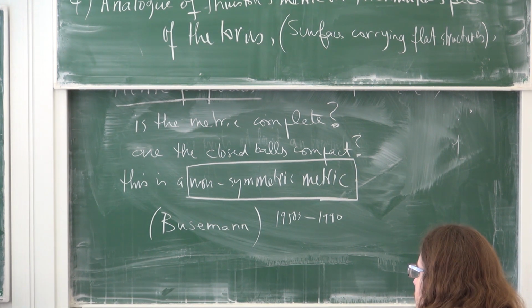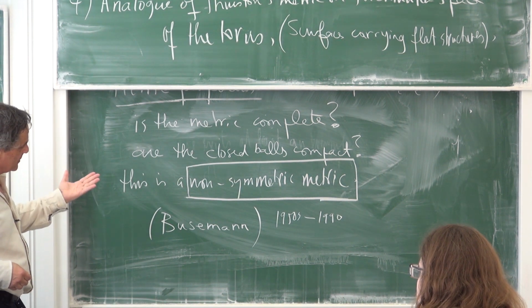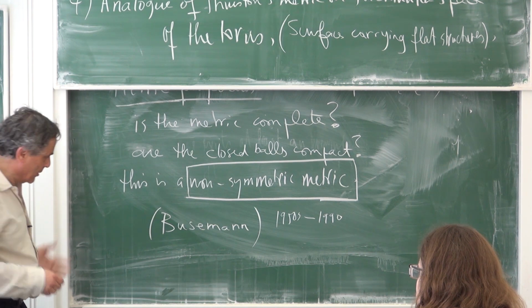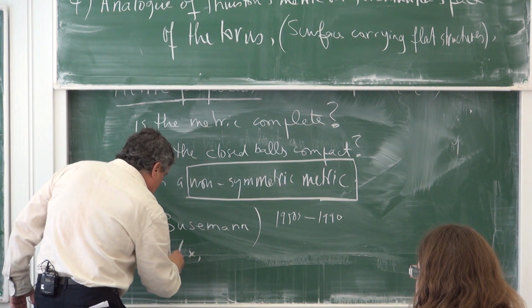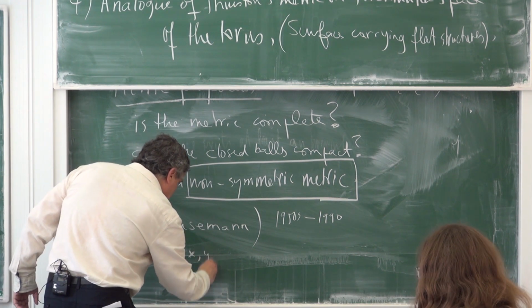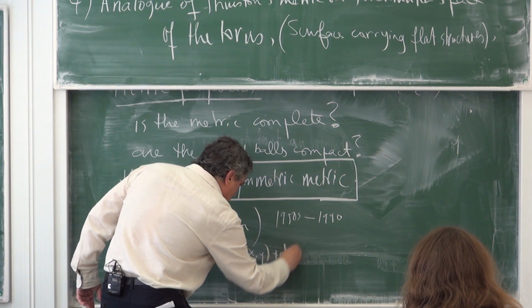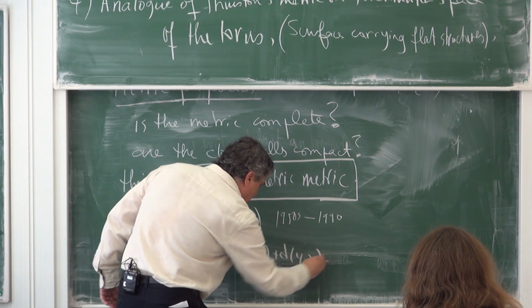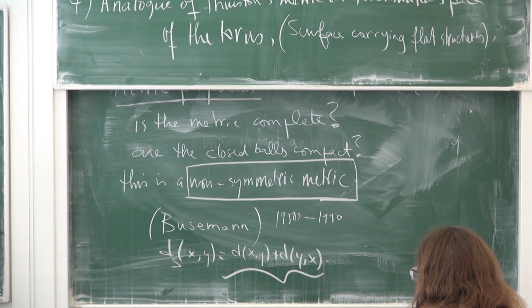The thing that Busemann says is that for non-symmetric spaces, the topology is the one induced by the symmetrization, d_s(x,y) equals d(x,y) plus d(y,x). This is now a symmetric metric, and then you just consider the topology induced by this metric, and it's easy.